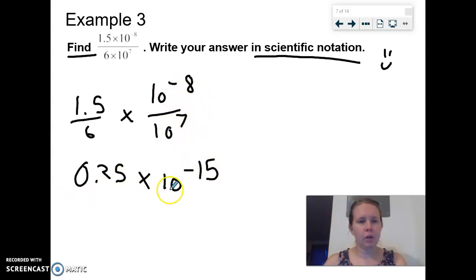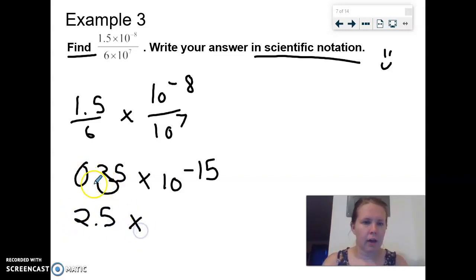Now, as you know, we have to write this in scientific notation. Right now it looks like scientific notation, but the constant is not a number between 1 and 10. So I need to move my decimal 1 to the right, and I'm going to have 2.5.